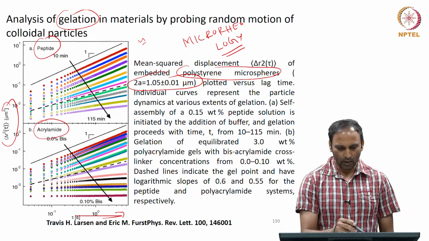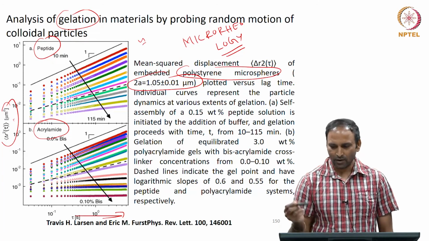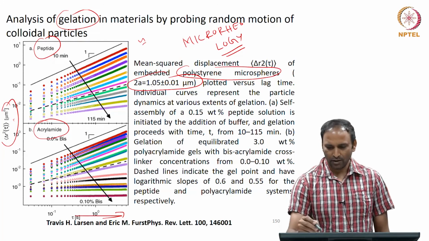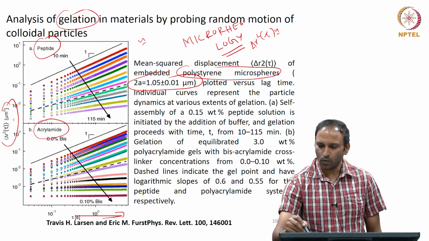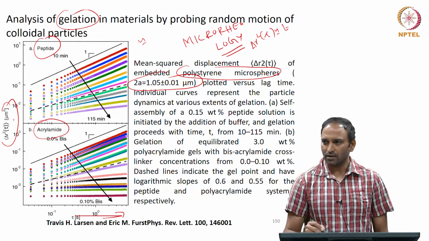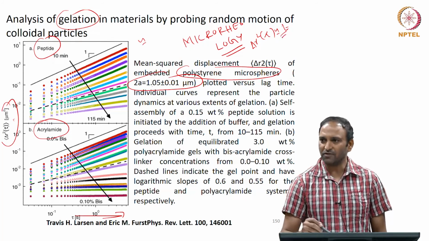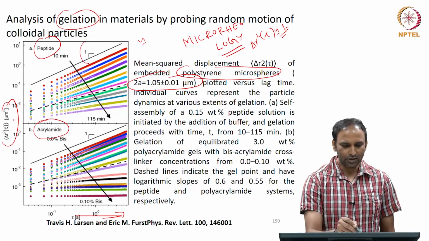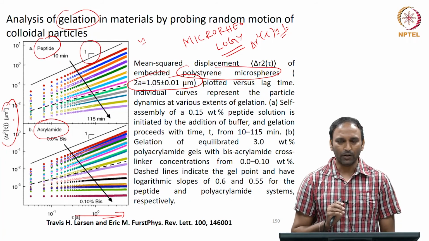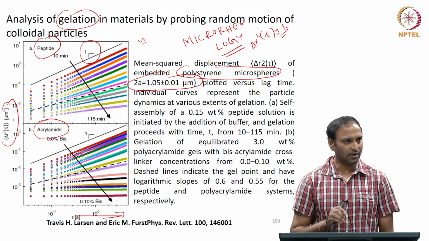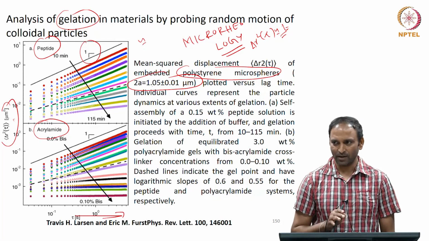What is being measured is mean square displacement as a function of time, and we learnt that the mean square displacement will go as t. That means the prefactor will have a slope of 1 if the particles are in a viscous fluid; they are purely diffusive.